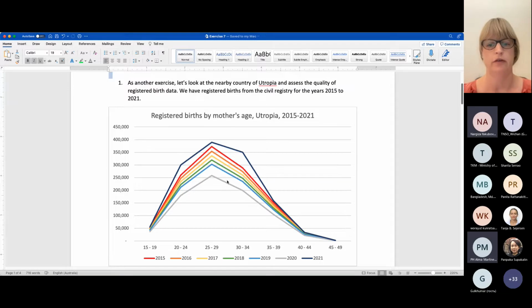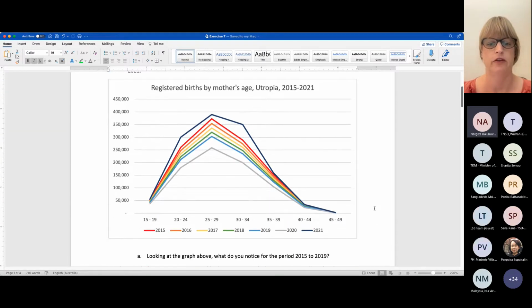Each of these colors represents a year, and we're looking at the number of births by mother's age. So the question is, looking at the graph above, what do you notice about 2015, which is this red period, going to 2019? So going kind of down the rainbow here, what do you notice?